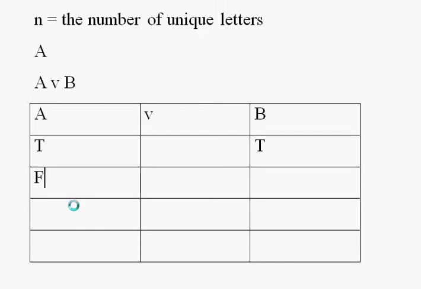A could be true at the same time B is false. A could be false at the same time B is true, and A could be false while B is false.